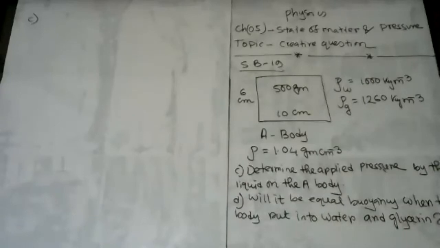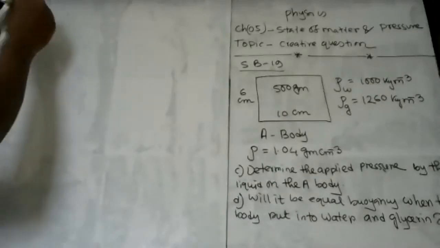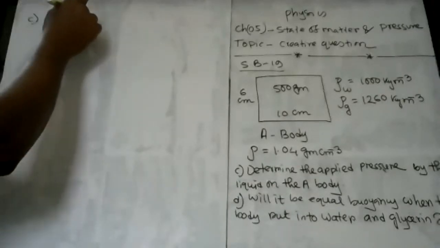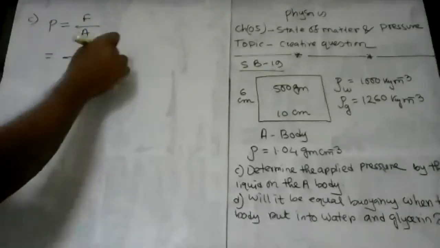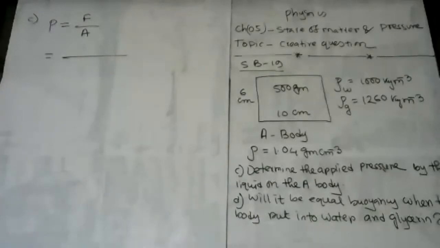Pressure is equal to F by A. Exactly, very good. So in this case, pressure P equals force per unit area. Now, force is nothing but the weight of the body.